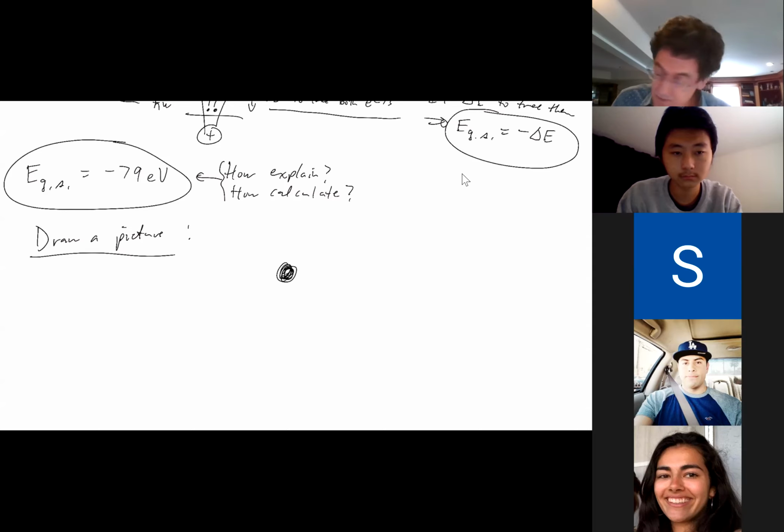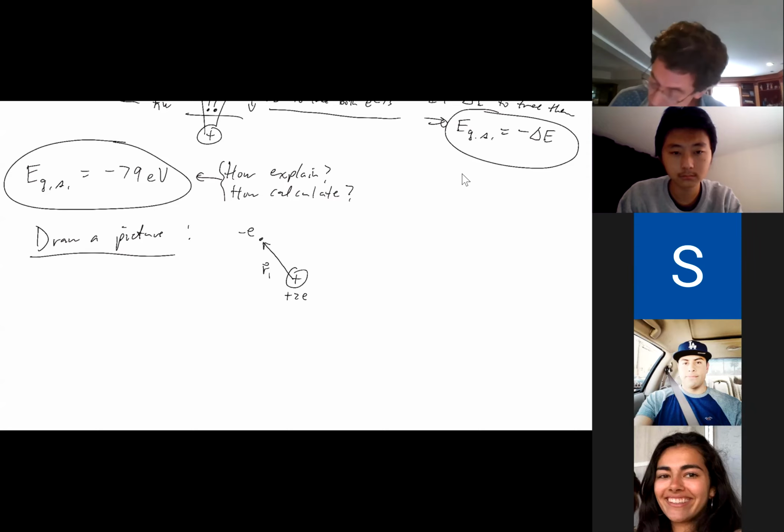We have our nucleus that has charge plus 2e. And then we're going to have electron 1, and this is the position of electron 1, which I'm going to call R1.